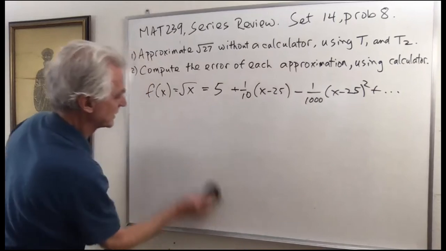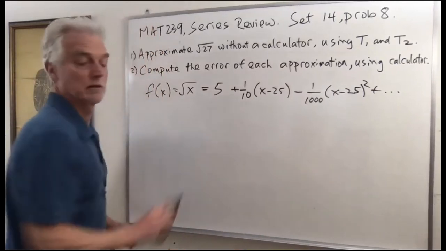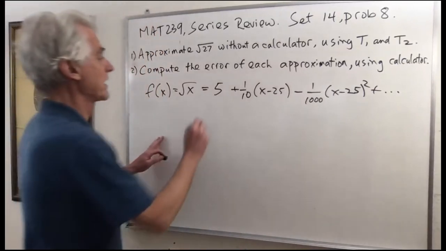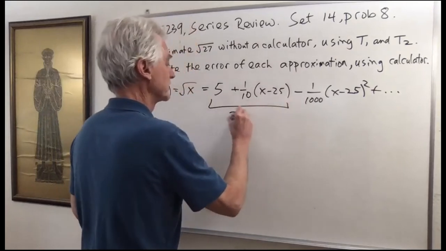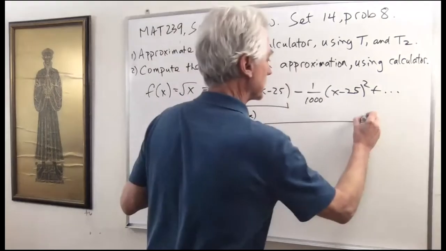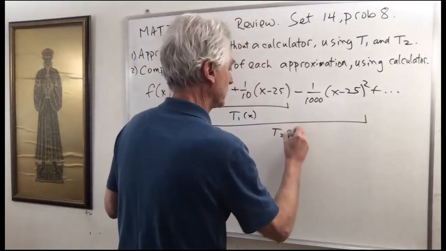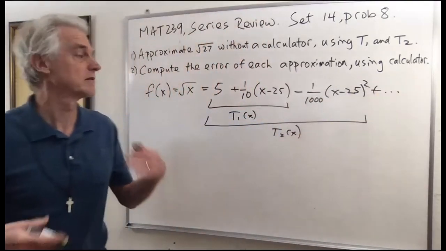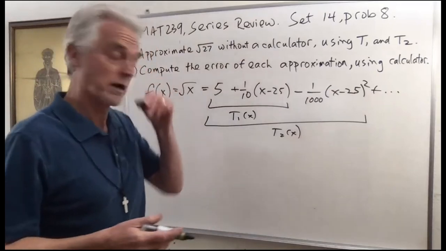Remember that if we just stop here, this is T1 of x. And if we stop here, that's T2 of x, and I could, if I wanted, find T3 of x, etc.